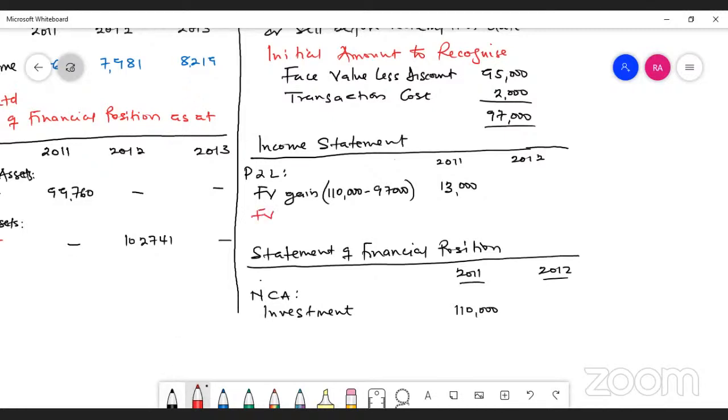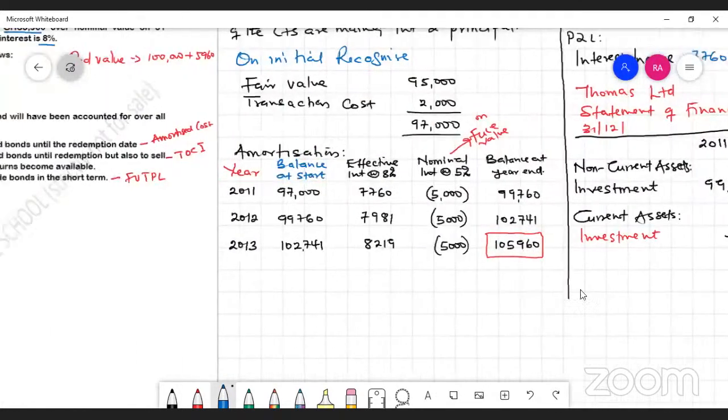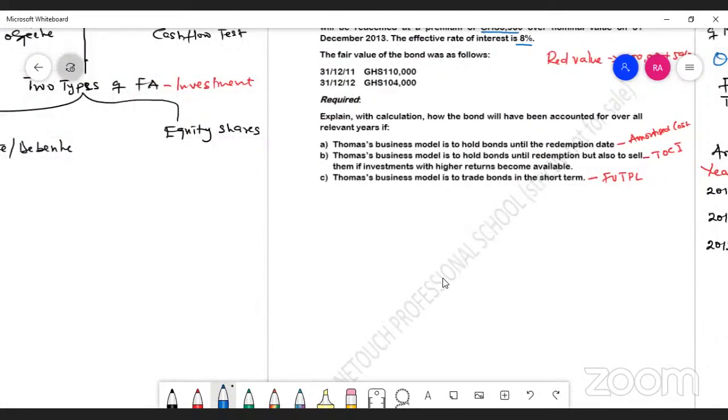So there's going to be a fair value loss of how much? Of 110,000 minus 104,000. We can go and cross check from the question. You can see they said 104 at the end of 2012.